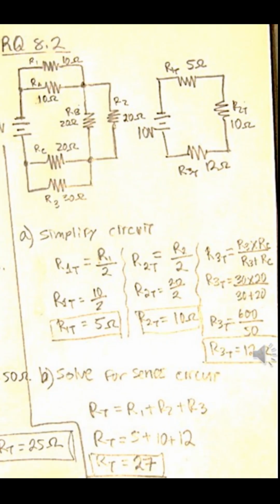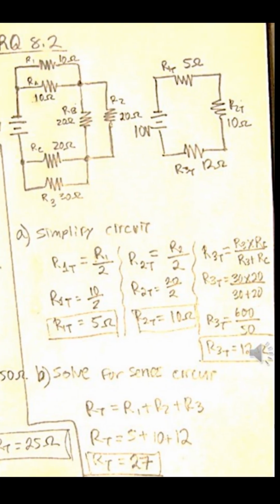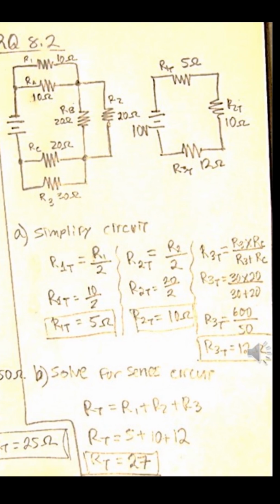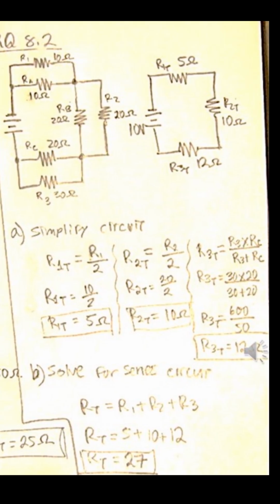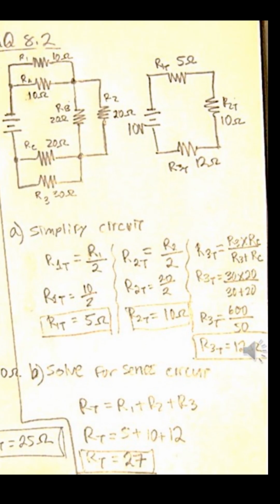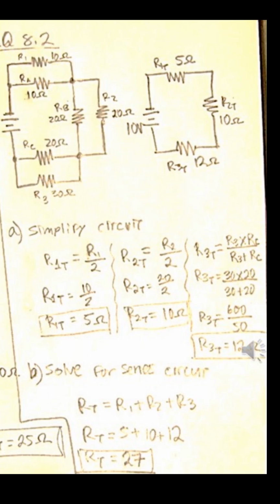To simplify the circuit, we find the resistance R1 total. I'm going to name that for the resistance at the top of the complex circuit. That equals R1 divided by 2, because we have two resistors that are the same value, so we can use that division formula.